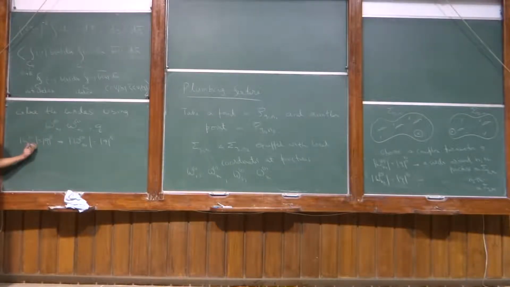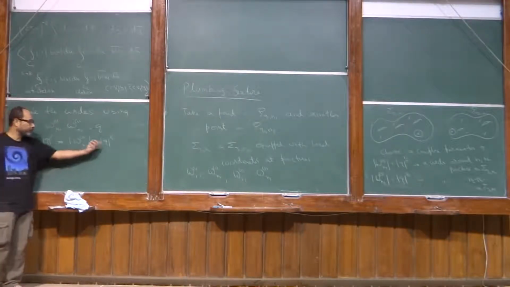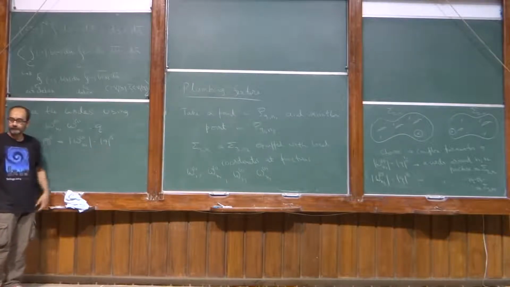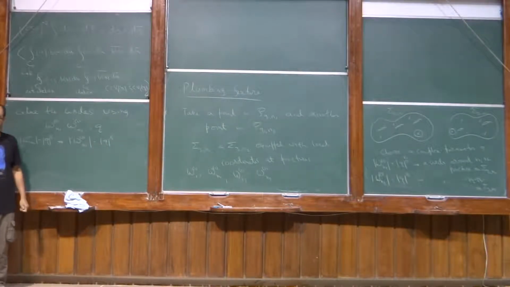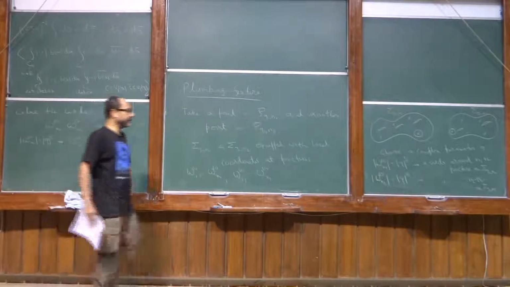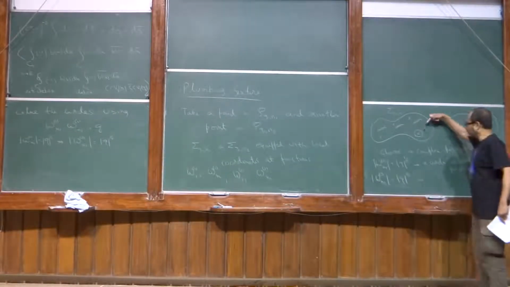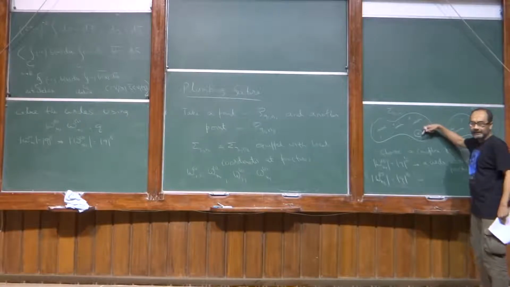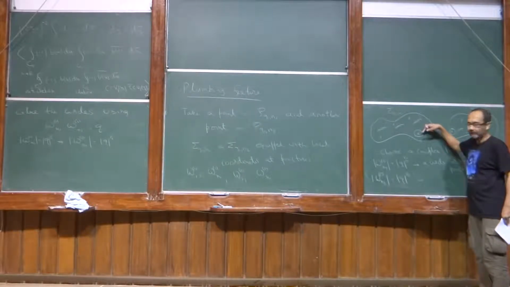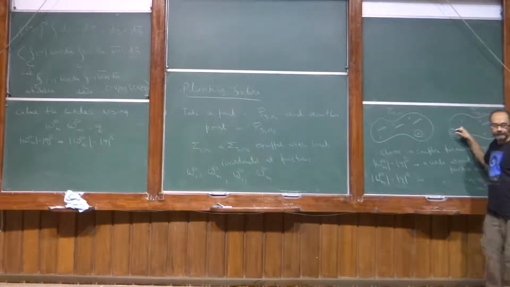And all I am saying is that if you use this relation and take mod W1N1 equal to mod q to the half, then mod W2N2 is also equal to mod q to the half. And this has a feature that on this circle, for every point here, there is a point here.